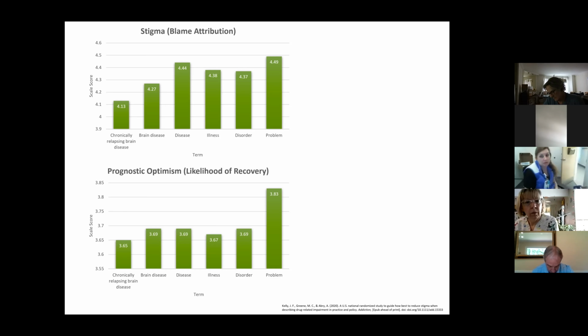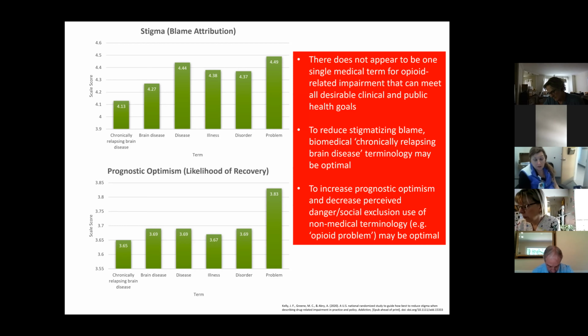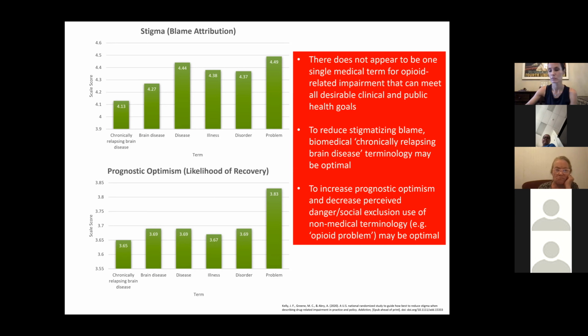Now, what does that suggest? It suggests that there doesn't seem to be one single medical term that can be used to reduce stigma in all circumstances. For example, to reduce stigmatizing blame, it can be helpful to use this kind of biomedical terminology. This can be helpful to help people access treatment, for example. It might be helpful to use that terminology when we want people to access treatment.